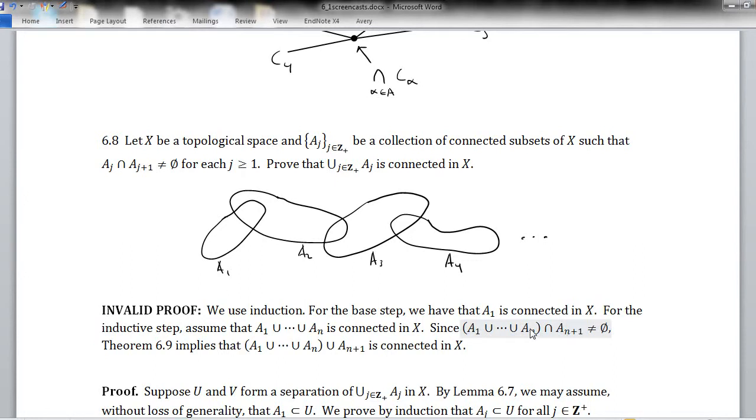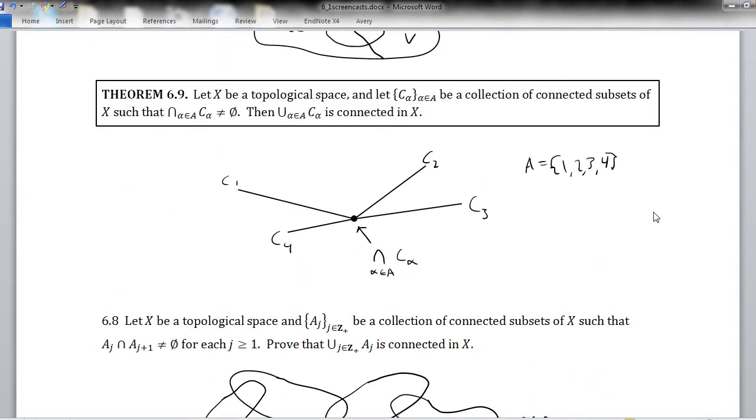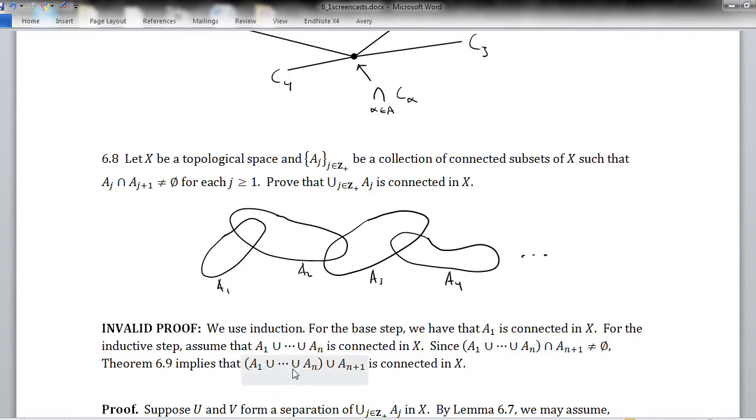So if I make this first thing bigger, it still overlaps AN plus 1 somewhere. So I do have the hypothesis for my theorem, and so I can conclude that the union of these two sets, the one in parentheses and AN plus 1, is connected in X. All right, actually, the proof that I have so far there is completely valid.